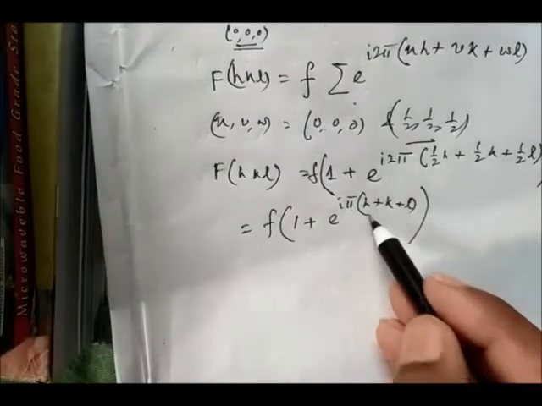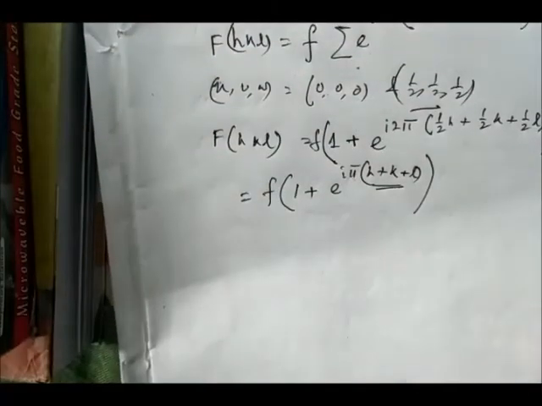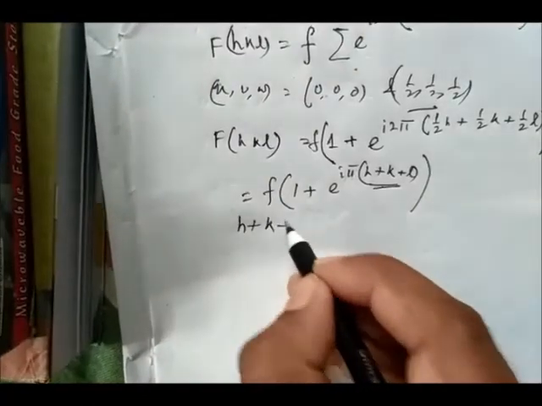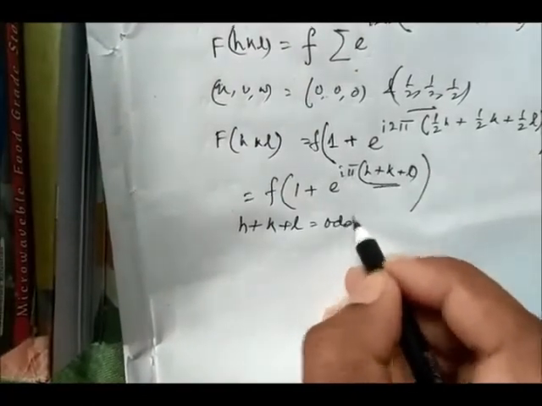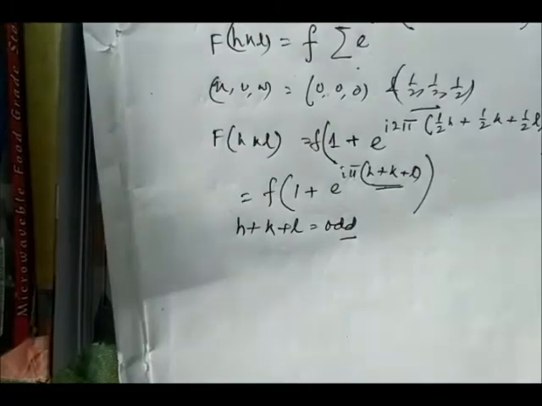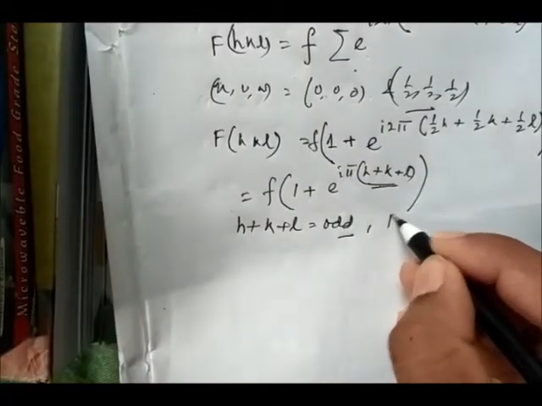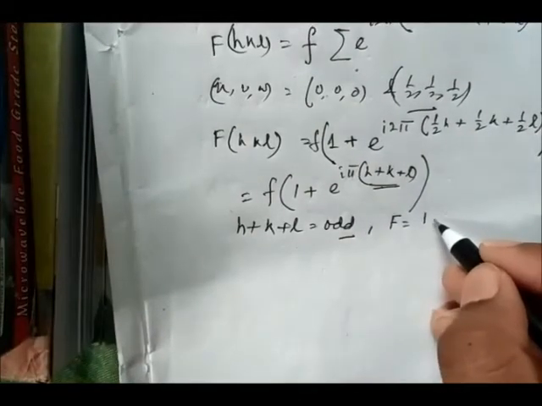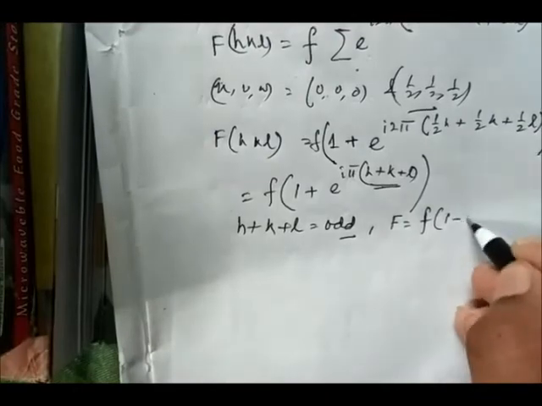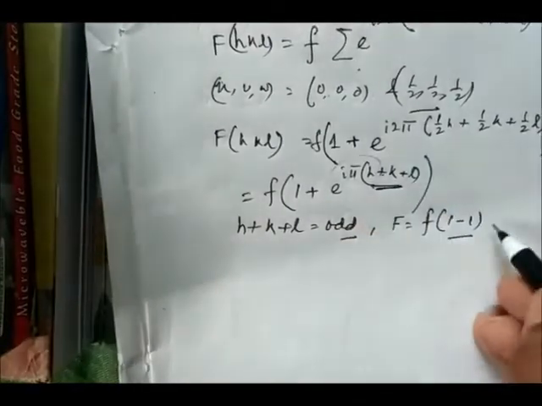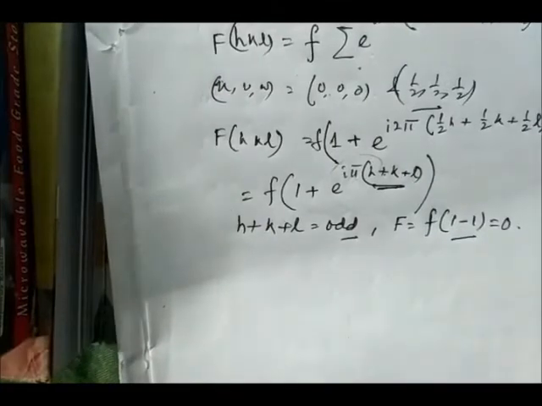Now look at this figure. What you will see is that if h plus k plus l is odd, then F equals f times (1 minus 1), because if this is odd, this gives me minus 1, so F becomes 0.